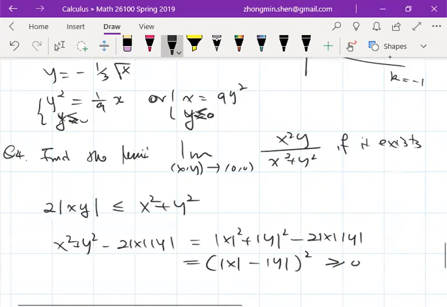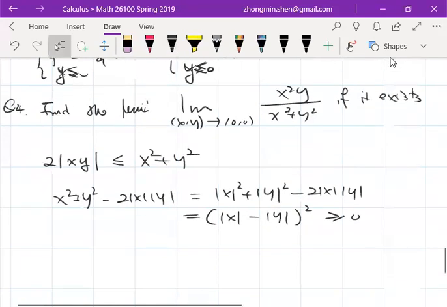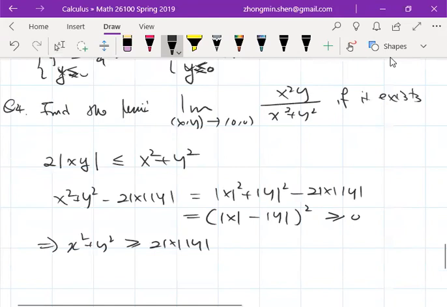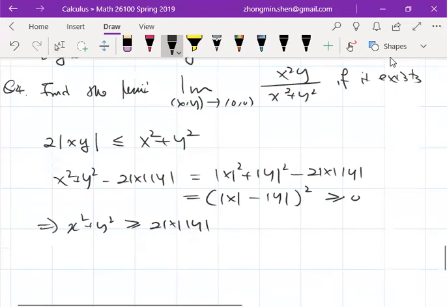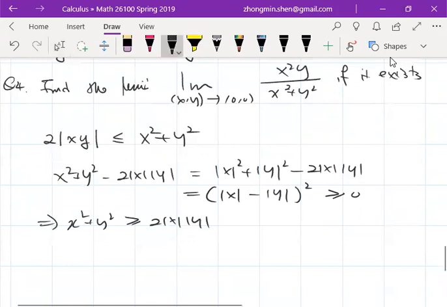It's always positive. That means x squared plus y squared is greater than or equal to 2 times absolute x absolute y. And when does equality hold? Equality holds when those two absolute values are equal, that is, if and only if this is going to be 0.